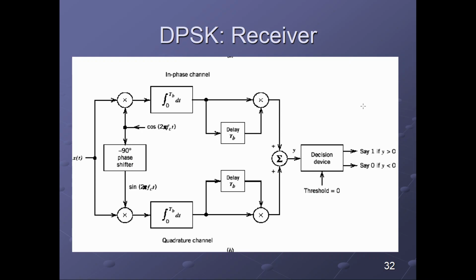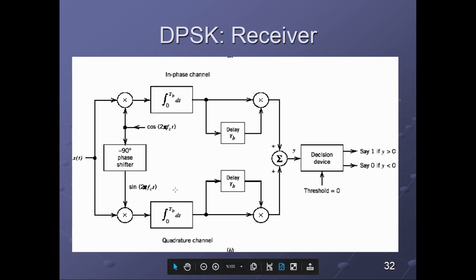What do you do in the receiver? You get your signal, you get the in-phase and the quadrature, you multiply by cosine, and then integrate. This is a correlator, and here you delay and multiply by the direct path so that you get the differential value, and you do the same for the quadrature.